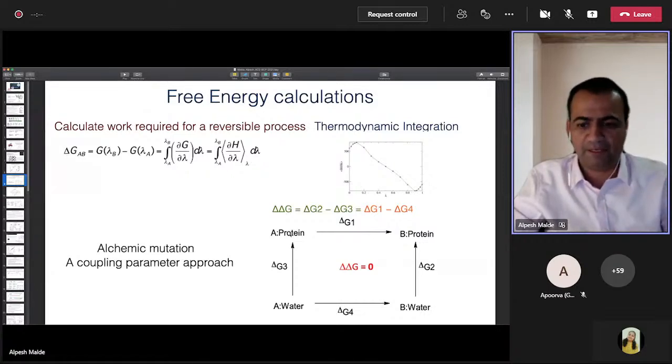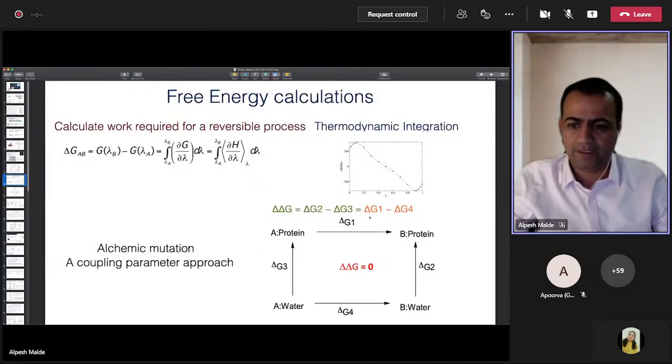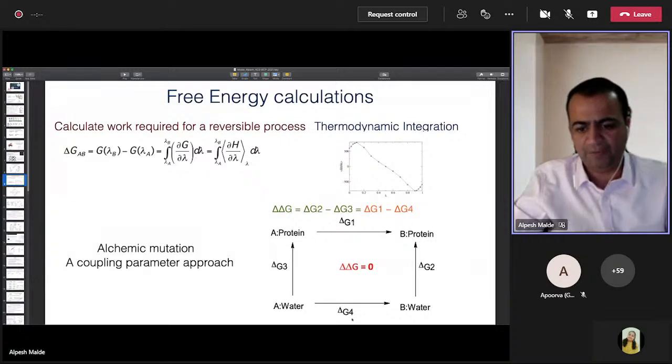But then we have a workaround. We take the molecule or the state A in the protein and mutate it by alchemical mutation into state B and calculate delta G1. And you do a similar thing in the water. So based on the closed thermodynamic cycle, the difference between G3 and G2 is equal to the difference between G1 and G4, which we can calculate by computation.